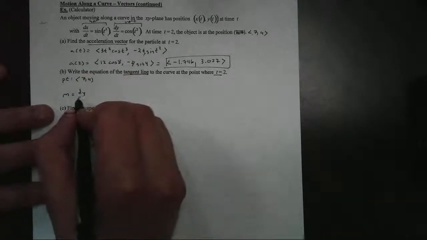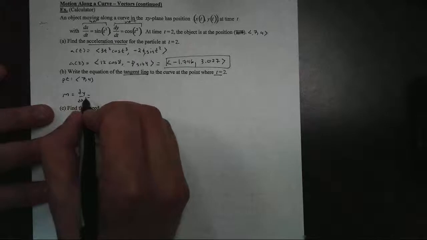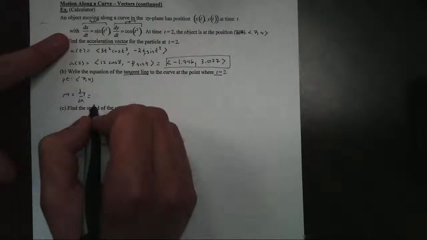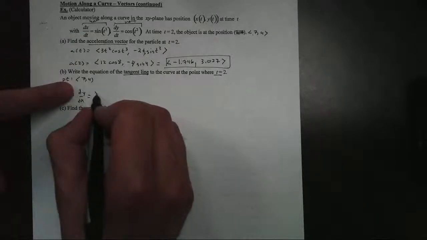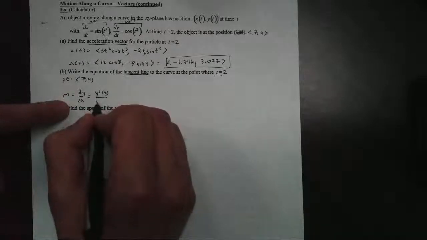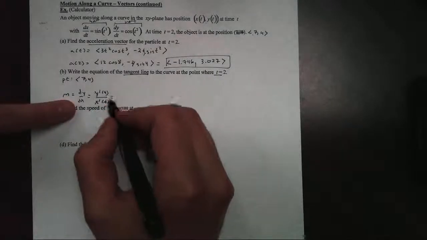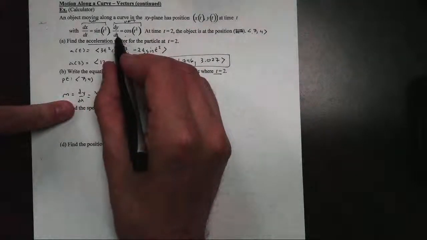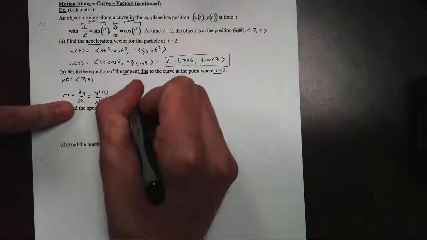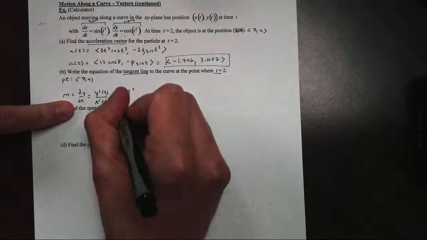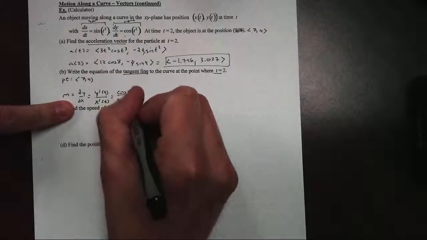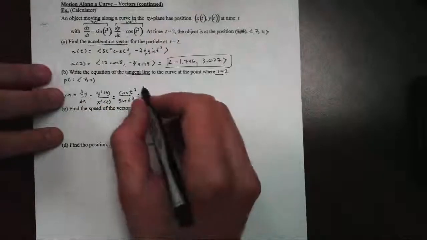To get the slope we have to use our derivative, dy/dx. But remember, vectors are like parametrics. So when I'm looking for dy, I'm really looking for y prime of t, and dx is x prime of t. And we're actually given those, right? Because y prime of t, that's right here, is the cosine of t squared. And here we get the sine of t cubed. So I can just plug that in.